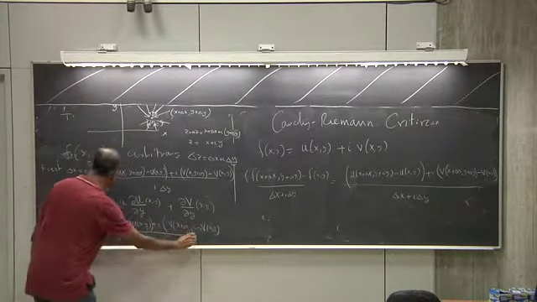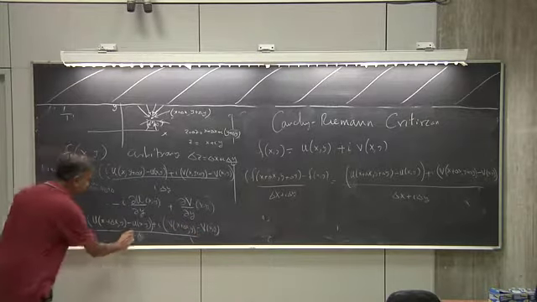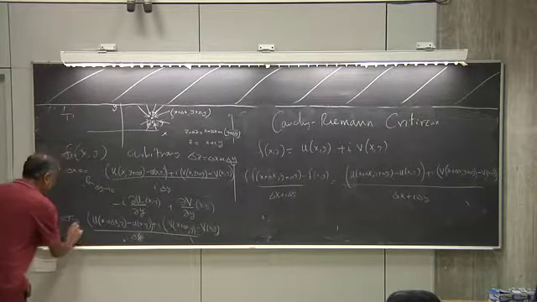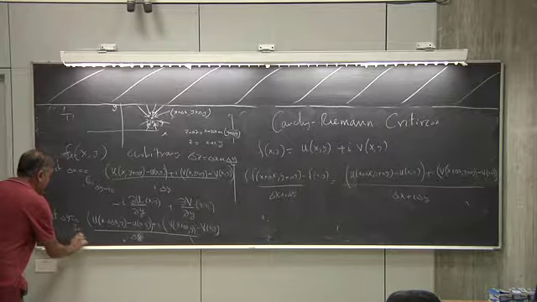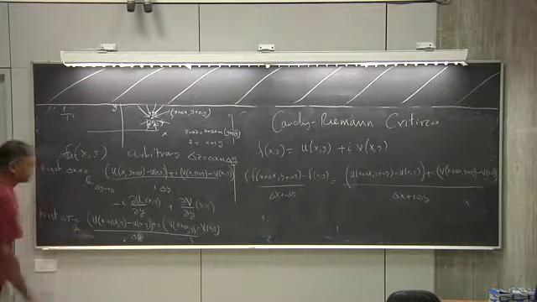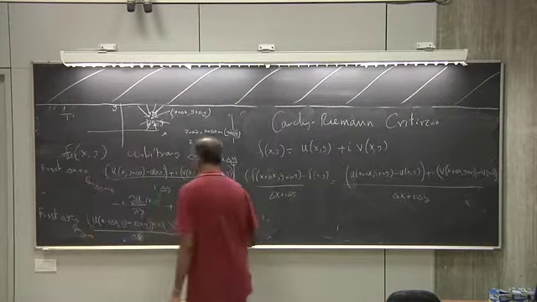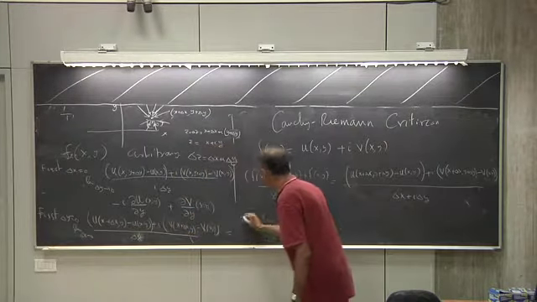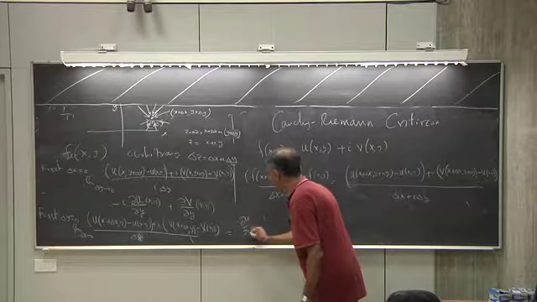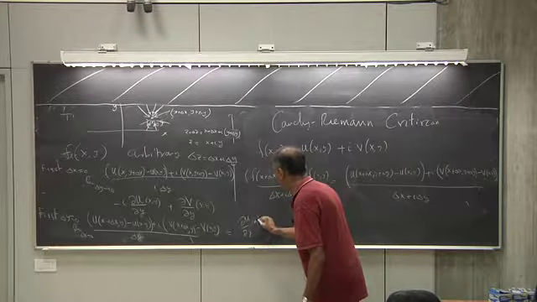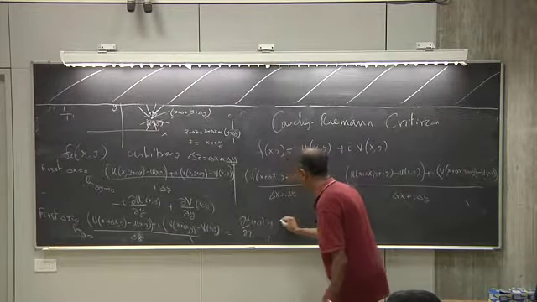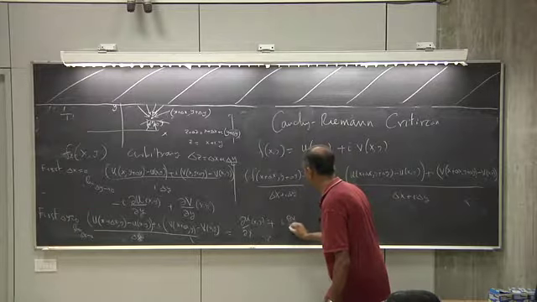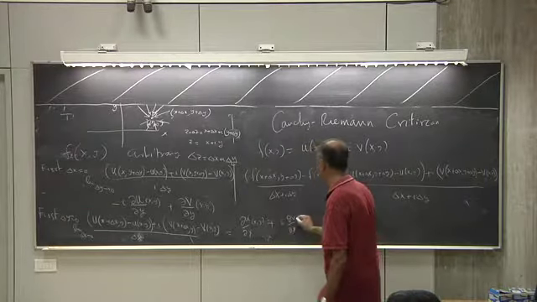Now I've set delta y equal to 0, the denominator is simply delta x, and you take the limit delta x goes to 0. The first term, there's no i here, is simply the partial derivative of u with respect to x at x y. And the second term is i times the partial derivative of v with respect to x at x y.